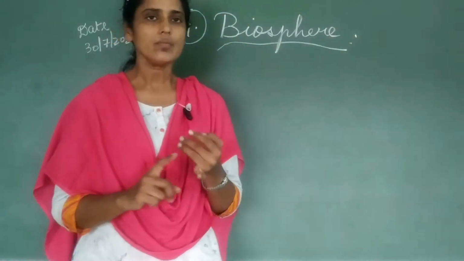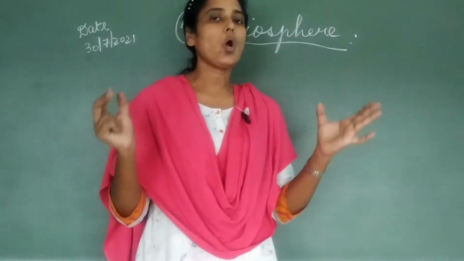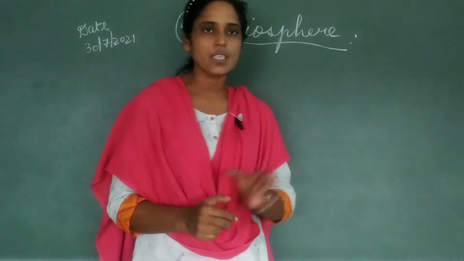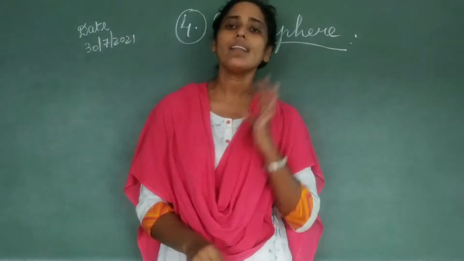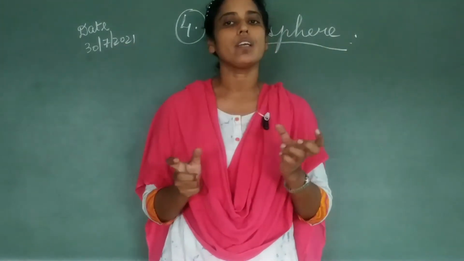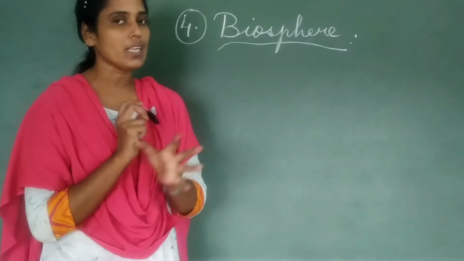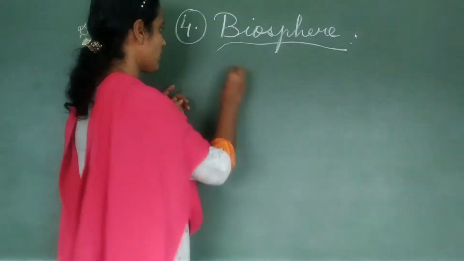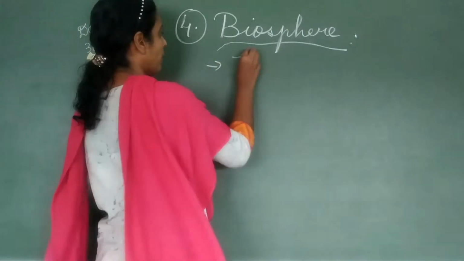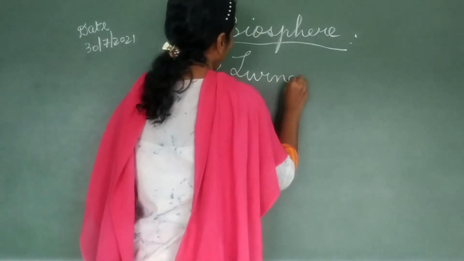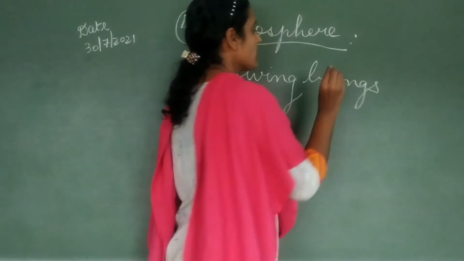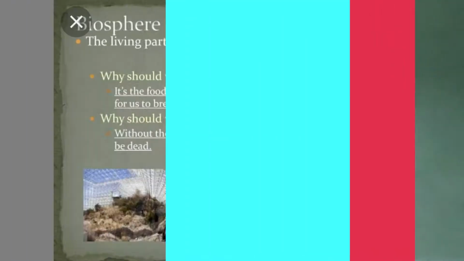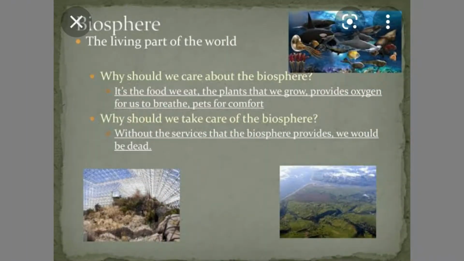This sphere is such a sphere which is the combination of all the spheres that are part of the environment, like lithosphere, atmosphere and hydrosphere, which has life in it, where living beings exist or are seen alive, is known as biosphere. That is, the existence of living beings is seen on biosphere. We can say that this is that sphere where living beings sustain or exist, they are alive.